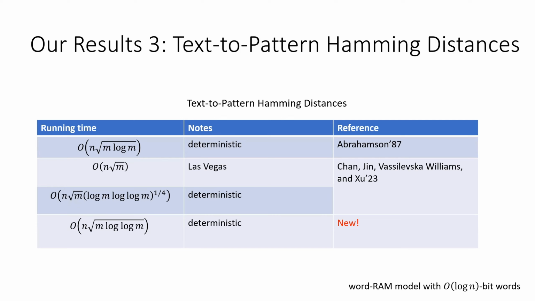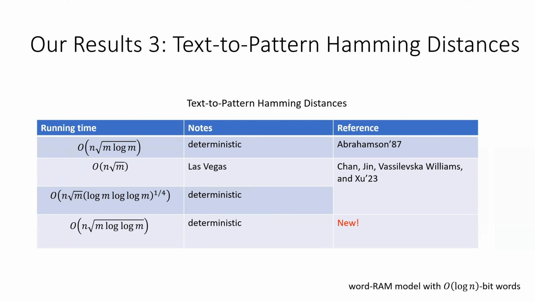And for a long time, the best known algorithm for exactly solving this problem had running time order n root m log m by Abrahamson back in 1987. And this log m factor comes from using FFT. And very recently, there have been some log factor improvements to this result. If we allow Las Vegas randomization, then the best running time completely gets rid of this extra root log n factor.